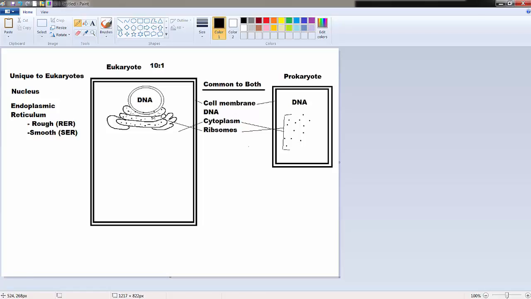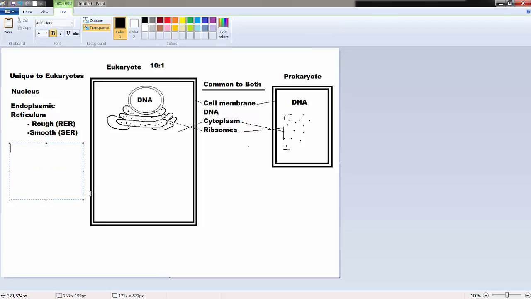So you see the distinct texturing I've drawn with the rough, and the smooth is characterized by a lack of those ribosomes, giving it a smooth texture. This is an arbitrary name someone came up with. There are different functions for each, and we'll talk about those shortly. But for now, recognize where they're located and the difference between them being ribosomes and a lack of ribosomes. So that's the endoplasmic reticulum, the two types there.